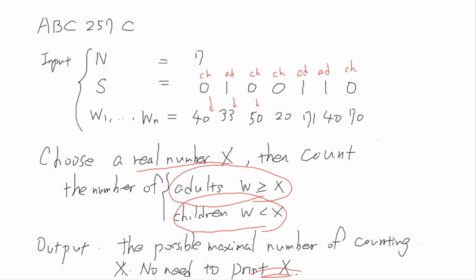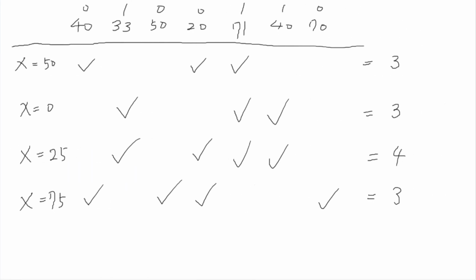So let's think of it with the example. If we take x as 50, then we count the first one because he is a child and his weight is 40, which is less than 50. But we don't count the second one because he is an adult and his weight is 33, which is not greater than or equal to 50.